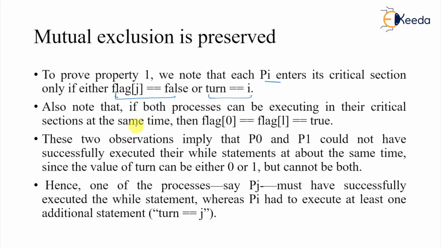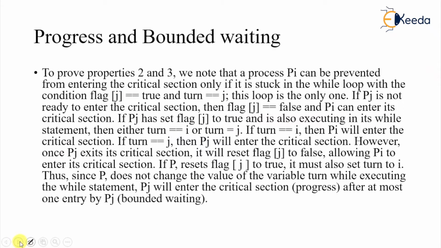Note that if both processes were executing in the critical section, then both flag 0 and flag 1 would be true, but turn cannot be simultaneously 0 and 1. That additional statement, turn equals j, will prevent one from entering the critical section.